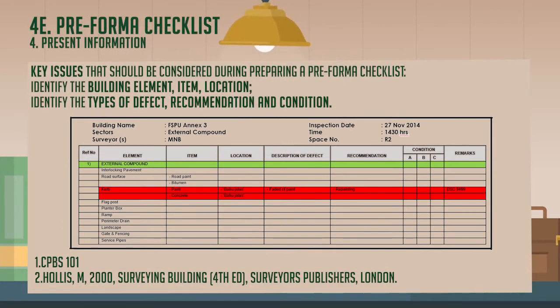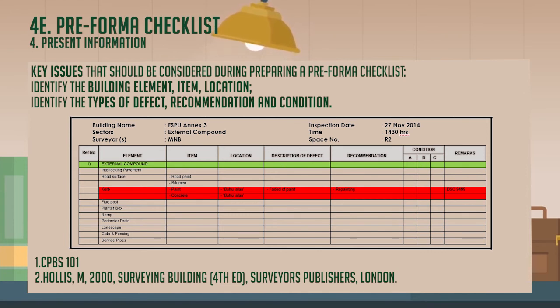Next, the pro-forma checklist. Key issues that should be considered when preparing a pro-forma checklist are to identify the building element, item, and location, and identify the types of defect, recommendation, and condition. If you look at the diagram, this is a sample of a pro-forma checklist.